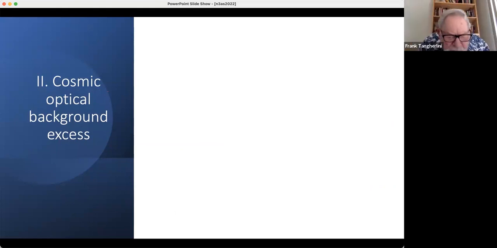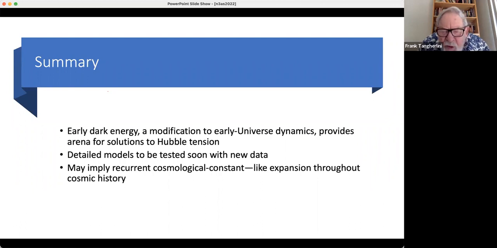Can I interrupt? Yeah. It should be pointed out that in addition to the high value of the Hubble constant that Reese gets, there is a lower value of 69.8 plus or minus something by Wendy Friedman using the tip of the red giant branch. And so if you fit one with early dark energy, you don't fit the other.